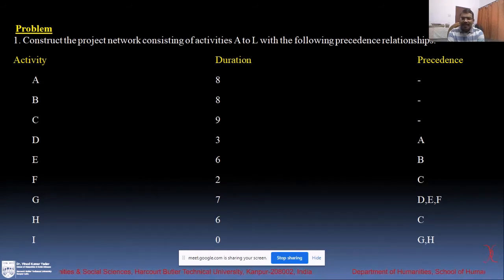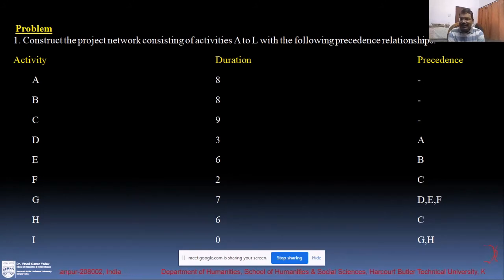B is again starting from 0. C is again starting from 0. No precedence. That means before C, no activity. Before B, no activity. Before A, no activity. That means all these 3 activities A, B, C are taking 8 minutes, 8 minutes, 9 minutes.